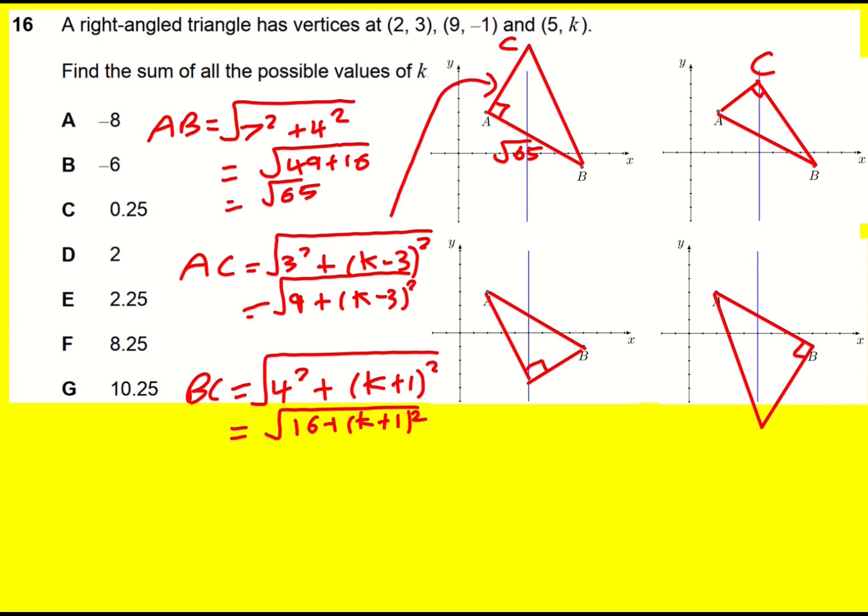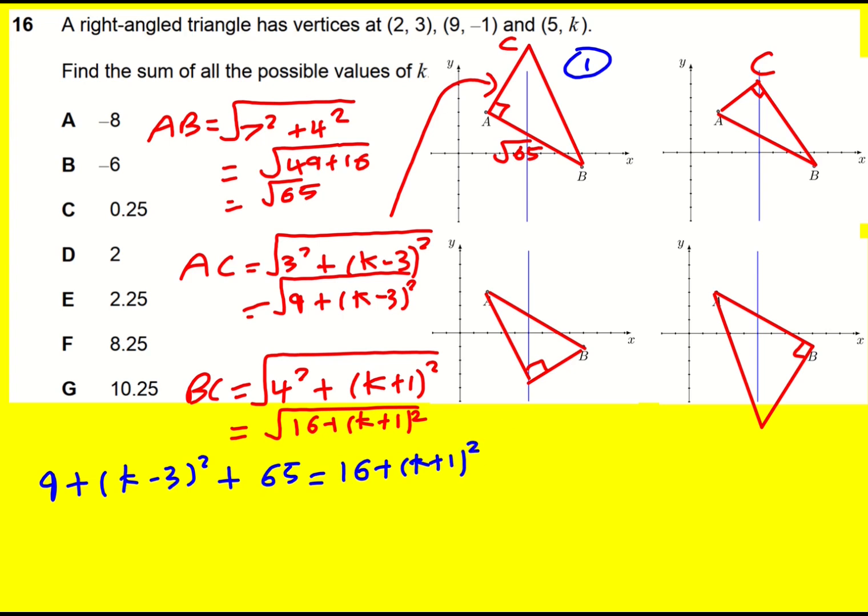We've written down the lengths, but with Pythagoras' theorem, we're then going to be squaring them. So for the top one, if I call it 1, I'm going to have AC squared, so that's 9 plus k minus 3 squared, plus AB squared, that's 65, is going to equal BC squared, so that's 16 plus k plus 1 squared. This is going to take time.